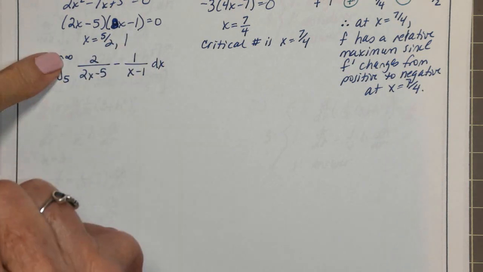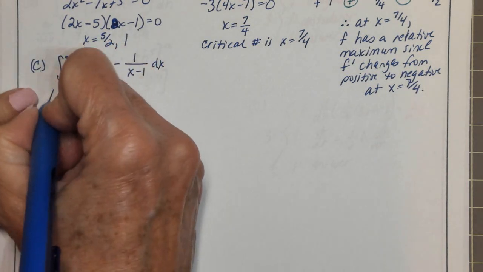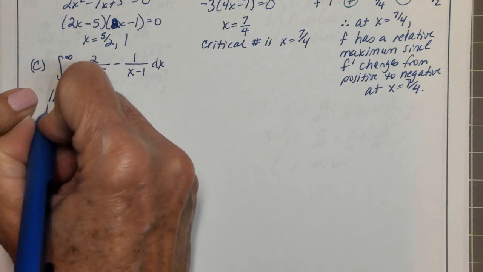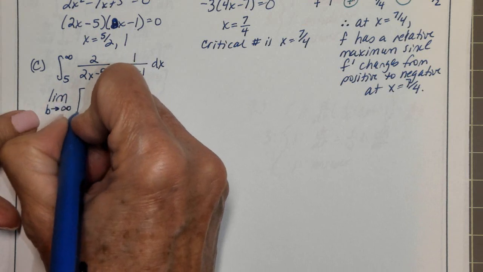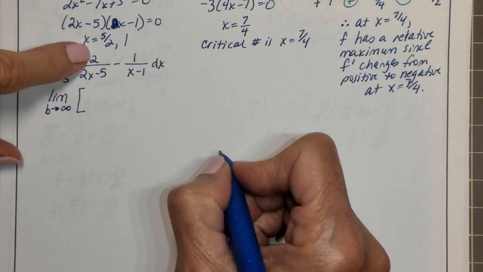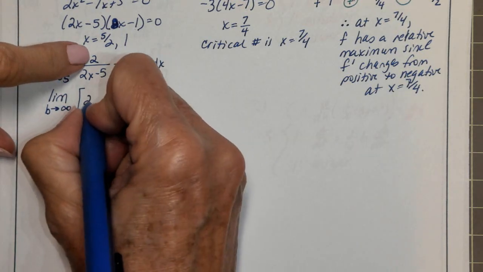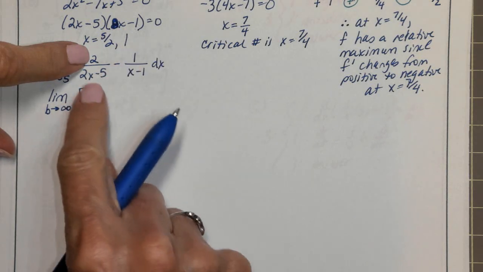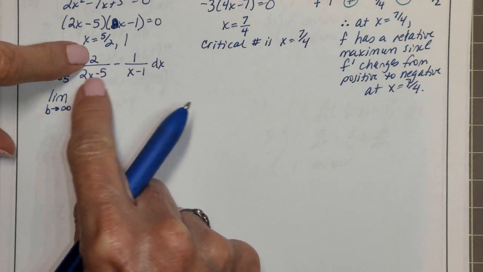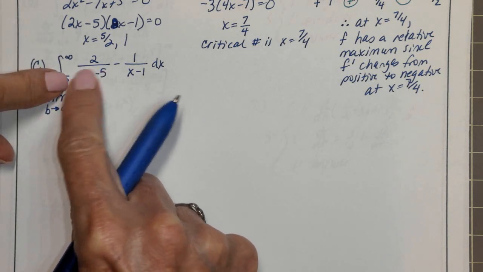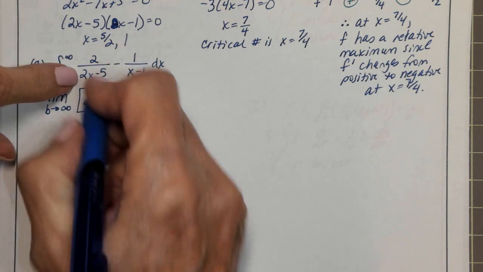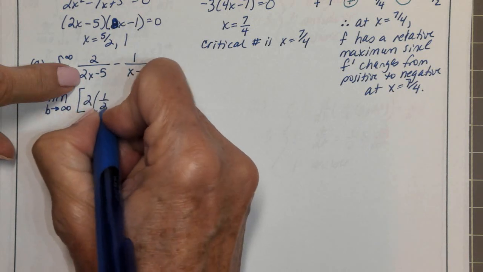But since the top boundary is infinity, I need to write this as the limit as something, I'm going to call it b, goes to infinity of. The top is 2. This is a natural log because the bottom is linear. But the derivative of the bottom is 2, right? So I need to multiply that by 1/2.